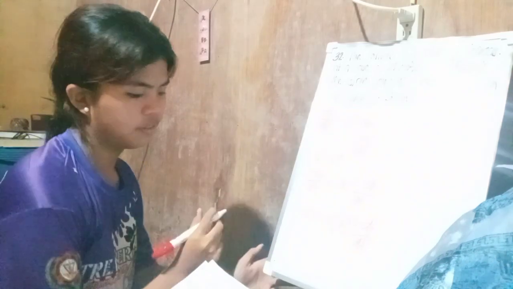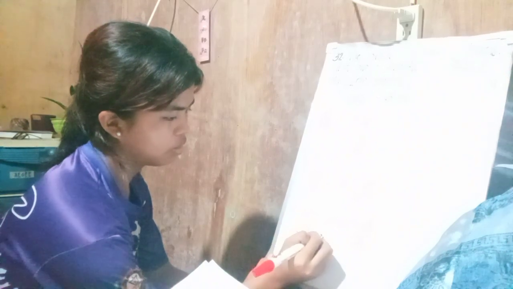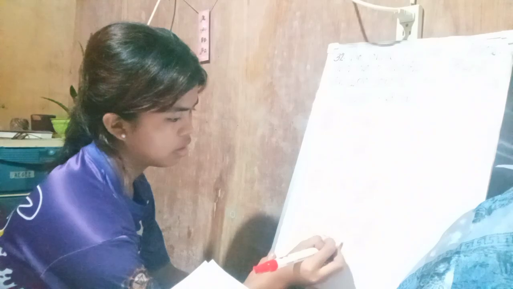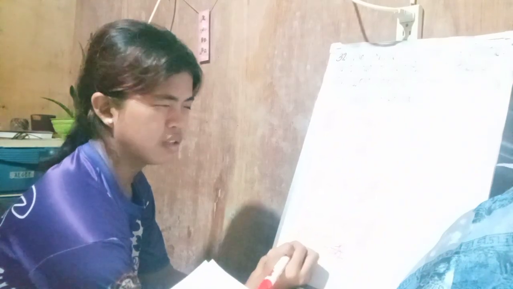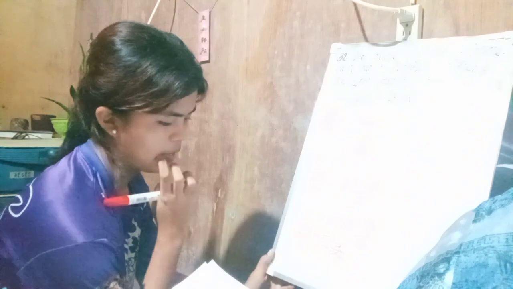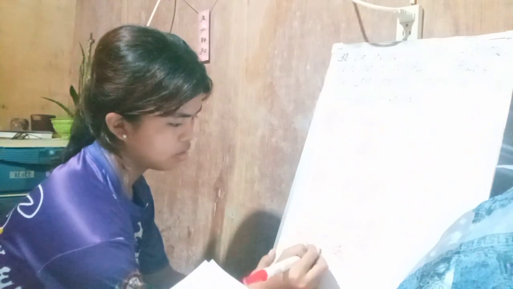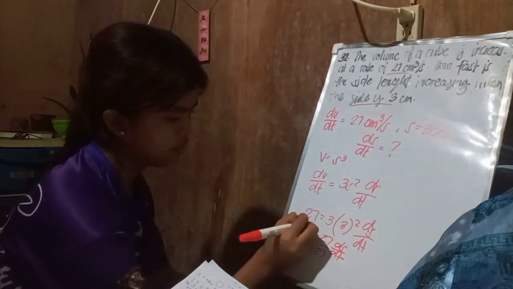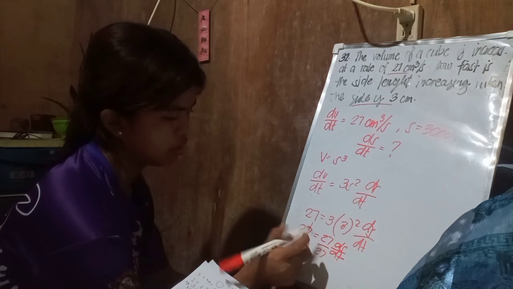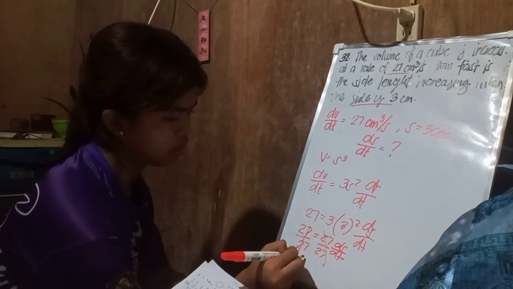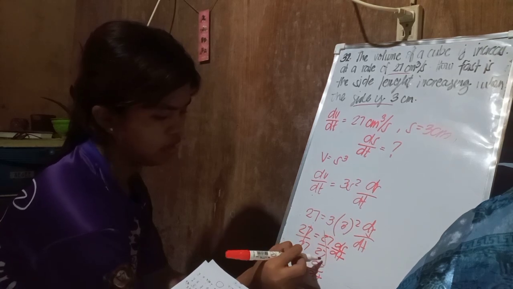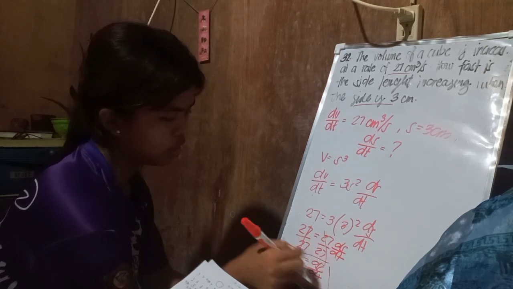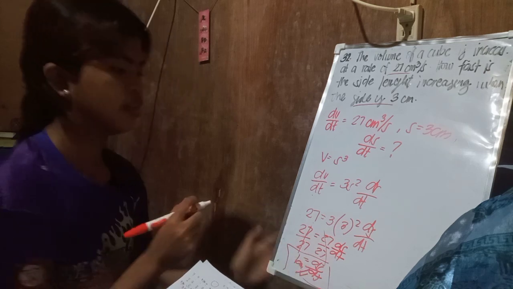After that, 27 equals 27 ds over dt, and we divide both sides by 27. So the answer is 1 centimeter per second.